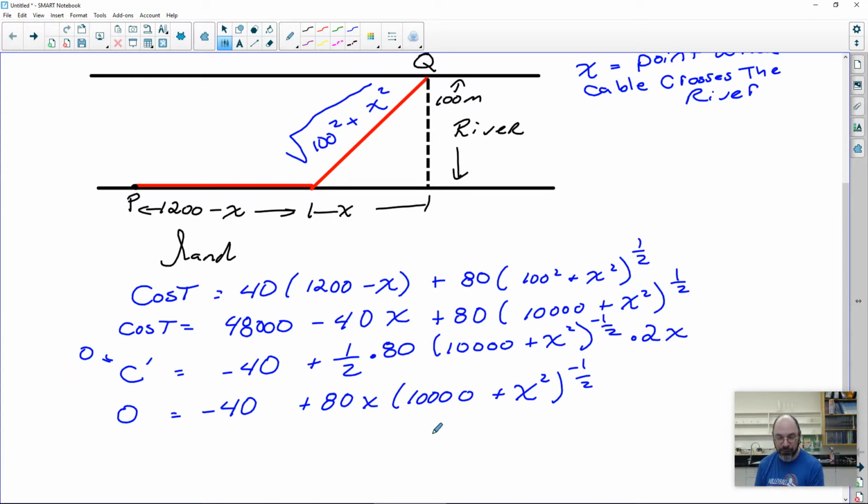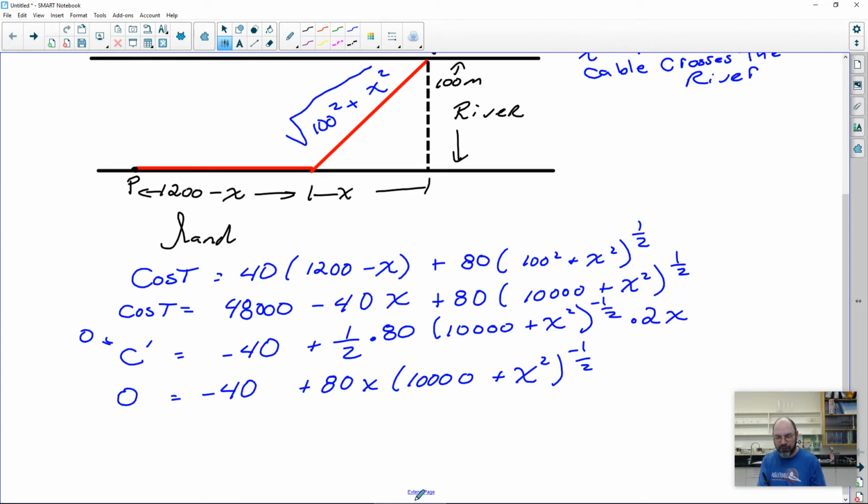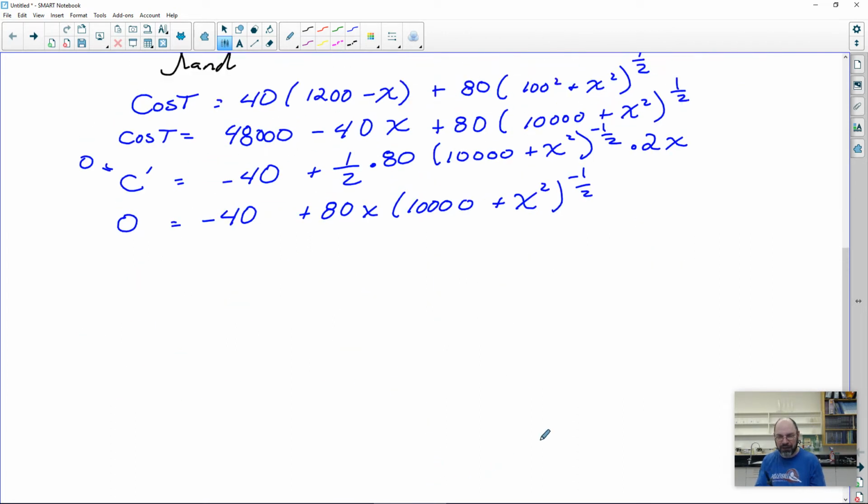Well, how do we do this? First thing that we're going to do is rewrite the equation back into fraction form and move the 40 over here. So if we move the 40 over and then write the 80x on the top and put everything under the root sign on the bottom.